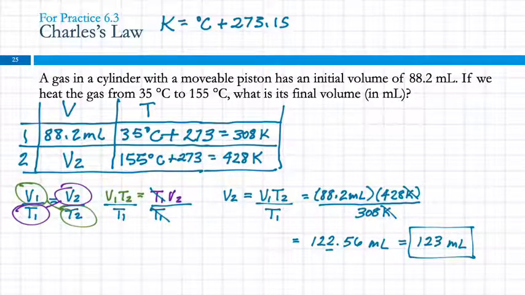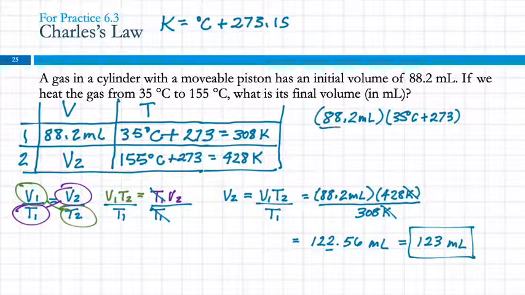So let me show you why we can't just use Celsius, even though the units would cancel out. 88.2 milliliters, and if I have 35 degrees Celsius plus 273 divided by 155 degrees Celsius plus 273, can I cancel out the plus 273?